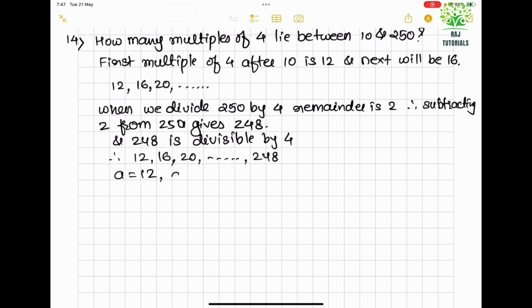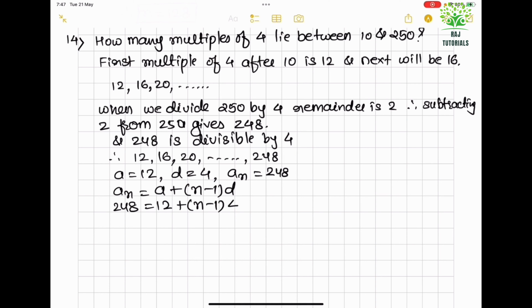So A is 12, D is 4, AN is 248. Now if we solve that using the formula AN equal to A plus n minus 1 D. So 248 equal to 12 plus n minus 1 into 4.